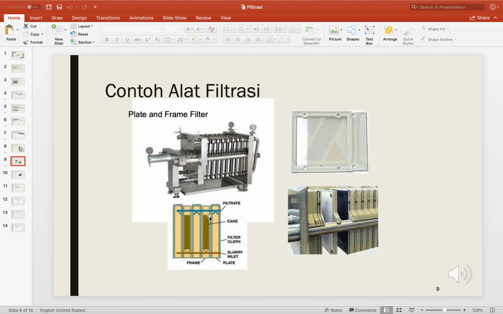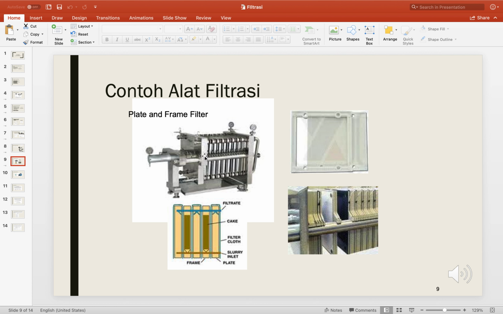You have the frame and the plates, and then you have the feed go into the plates, and you put cloth in between the plates, and the cake will be retained by the cloth.